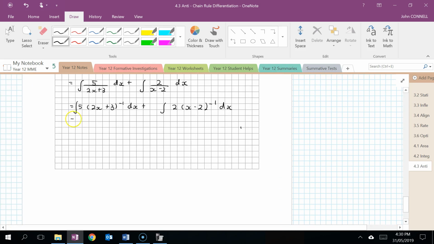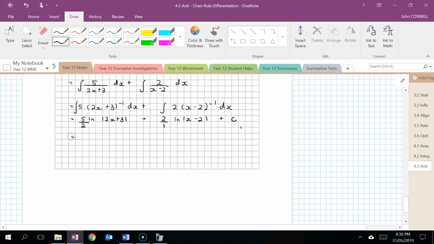So I'll start by doing ln modulus 2x plus 3. This 5 is going to stay out the front, but I'm also going to have to divide by the derivative of the inside, which is 2. That's going to be plus 2 ln modulus x take 2 divided by the derivative of this inside, which is just 1. So it'll be plus 1. And then it'll be plus c on the end of all of that.